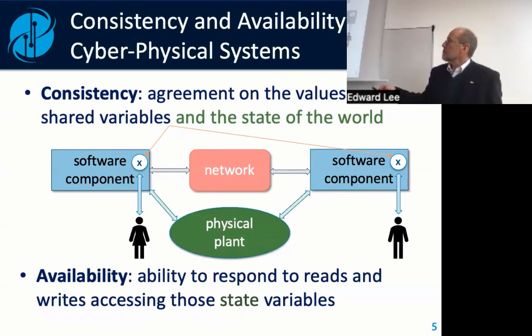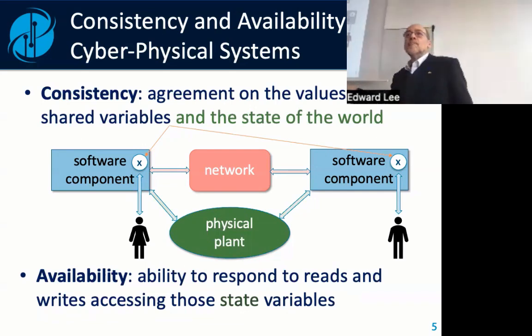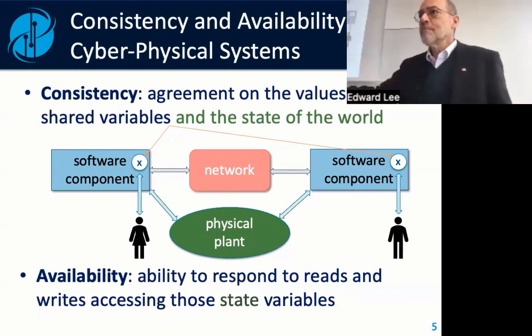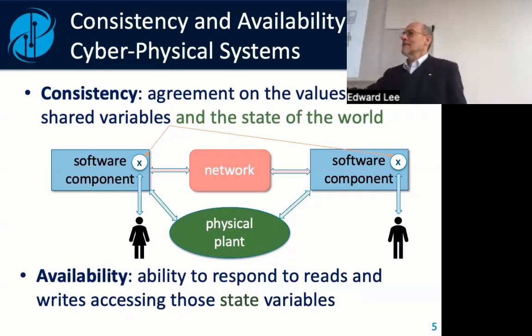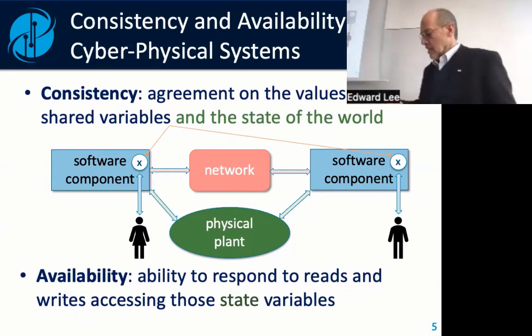In the context of cyber-physical systems, we extend the notion of consistency to agreement about the state of the world. So if you have software components that are distributed that both have sensors that are reading the value of the world, agreement on some notion of what is the current state of the world is this extended form of consistency, right?